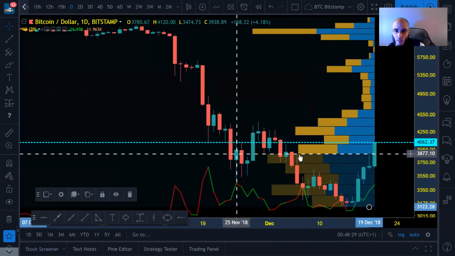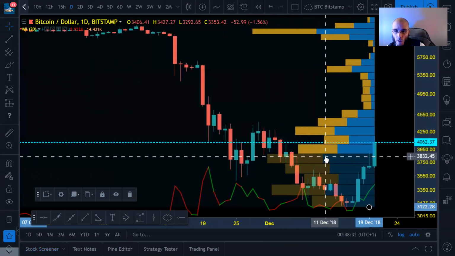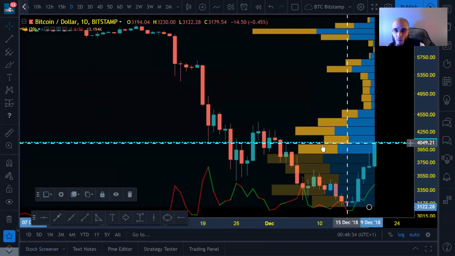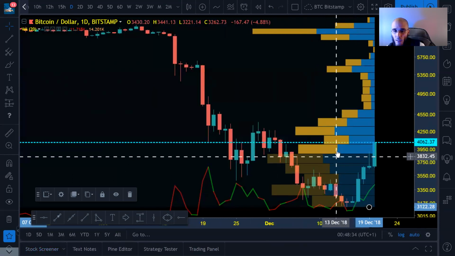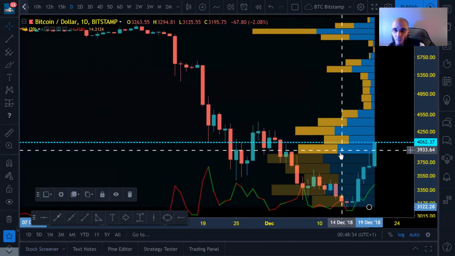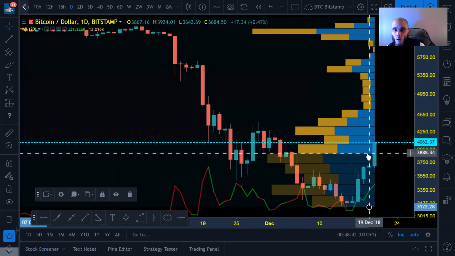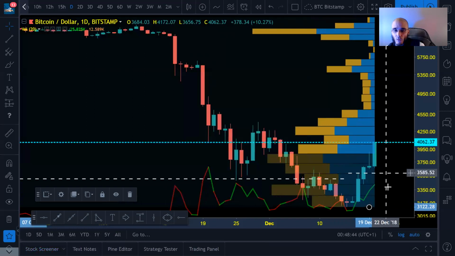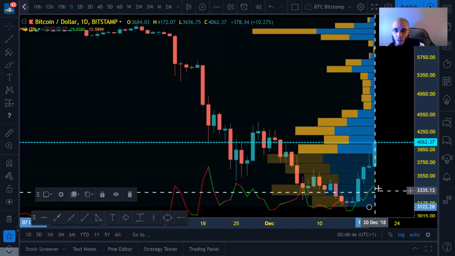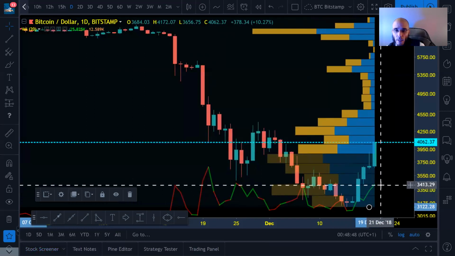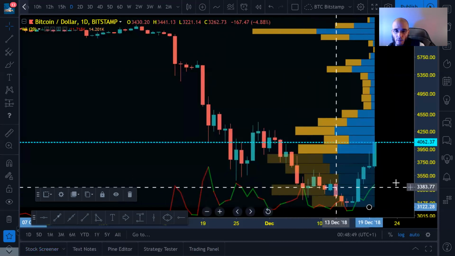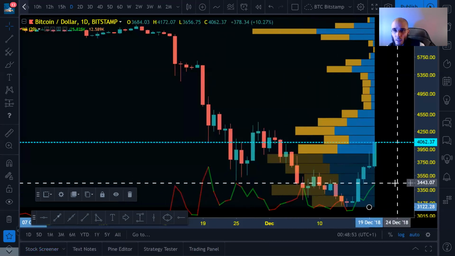I especially like this volume profile, the one under the price, and even this one is not looking bad. Since there are a lot of buyers lower than 4,000, that could allow us to stay higher than 4,000. Also, the volume did pick up, and we are quite high now if we compare to the past. So that's good too. So I give it a positive looking at that chart.